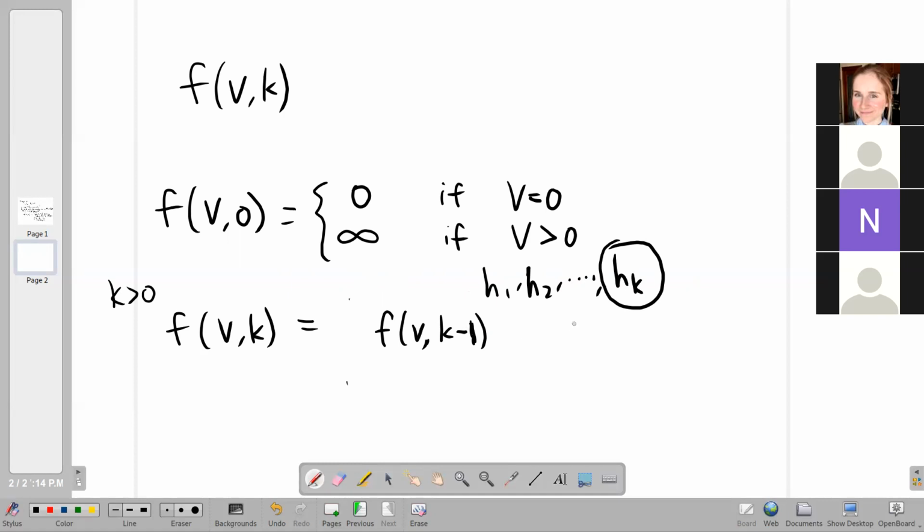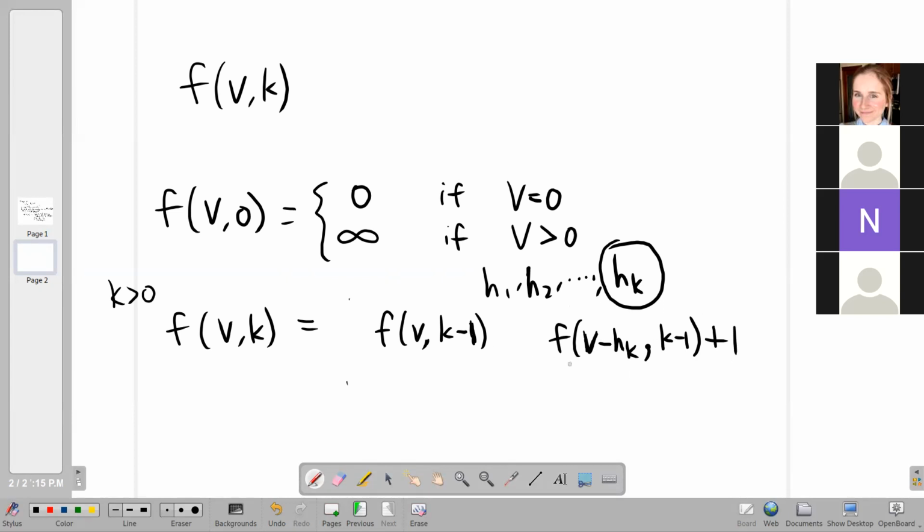Or if I use this package, then I need to make V minus HK hot dogs with K minus 1. So I buy this last package, so I don't have to get as many hot dogs with the previous K minus 1 packages. And the fact that I use this package means that I need to add 1 to it.